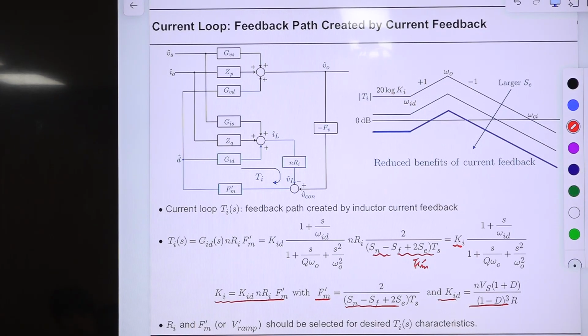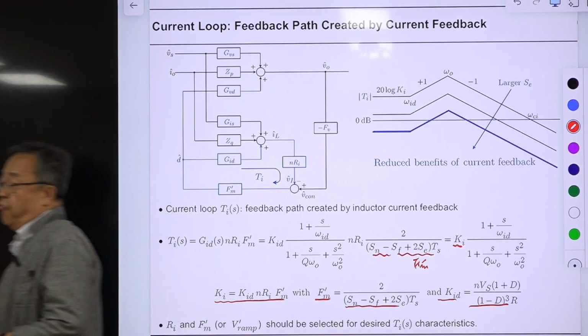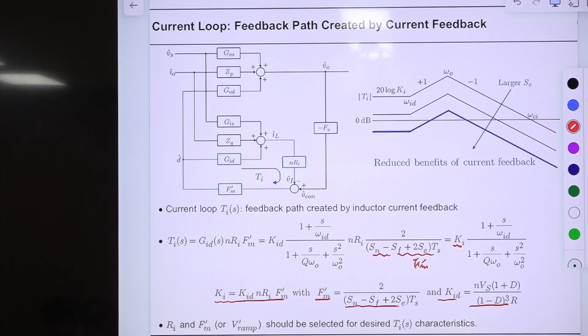Think about this. This is the Ki. If Ri is fixed, this will be fixed because the input voltage and output voltage are fixed. Then this one is fixed, and you can play with this one. Maybe you may play with this one.